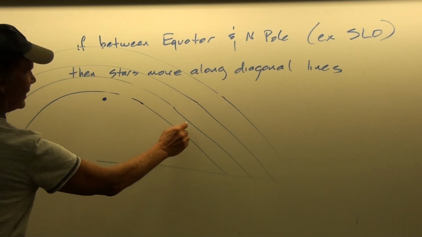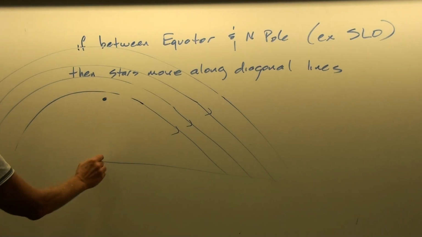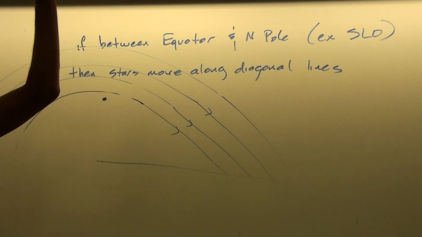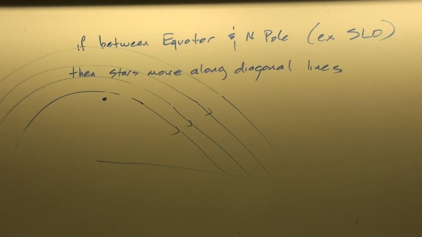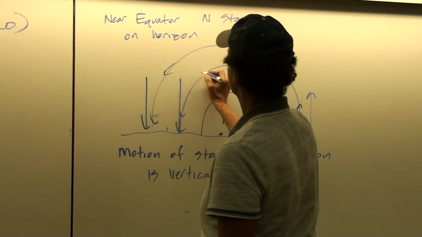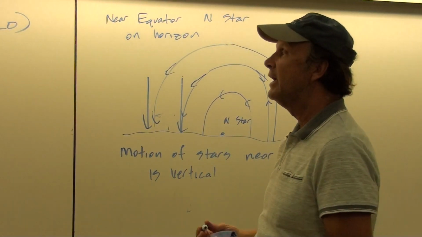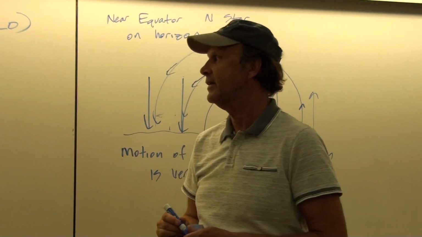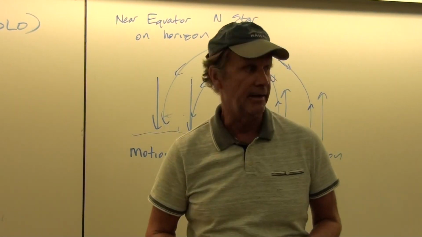So that means that these wouldn't be horizontal lines, but they wouldn't be vertical lines either. And so in other words, the North Star isn't at the horizon, but it's not straight overhead. So you're kind of taking something like this and cutting it off here. And so if you do that, then the tangents to these curves along these lines are going to be diagonal lines. And so that's what we expect to see around here then, is that near the horizon, the stars move along diagonal lines.